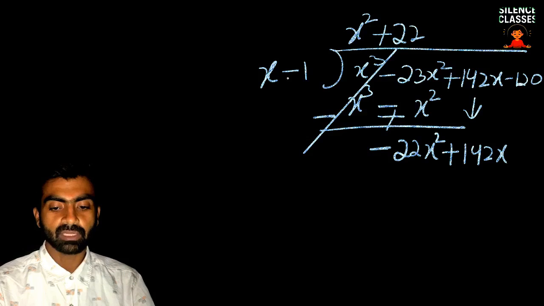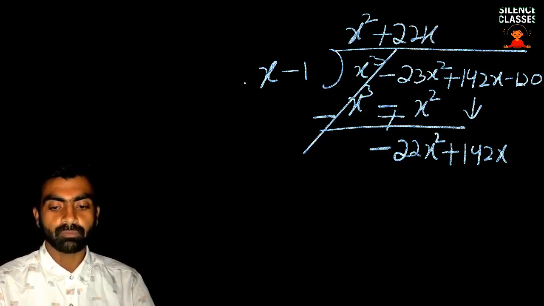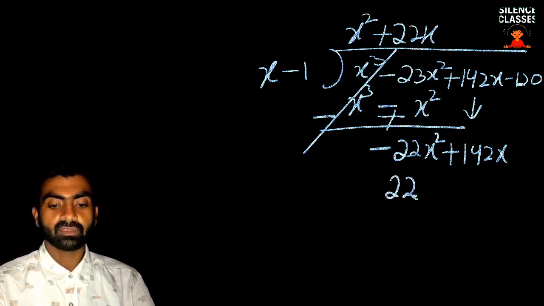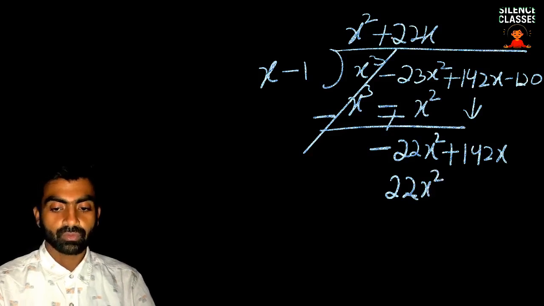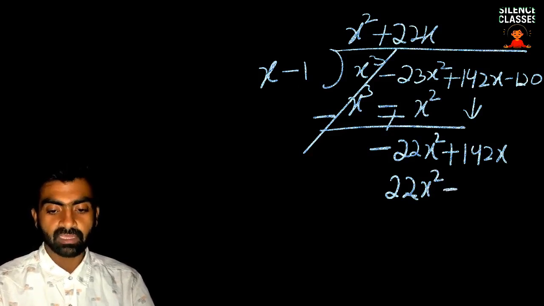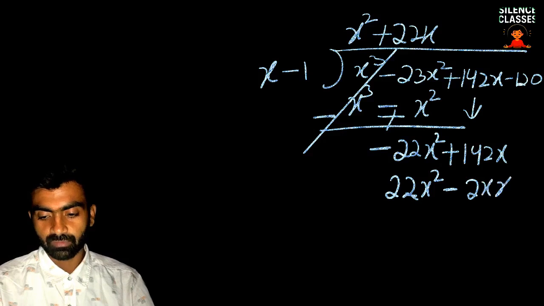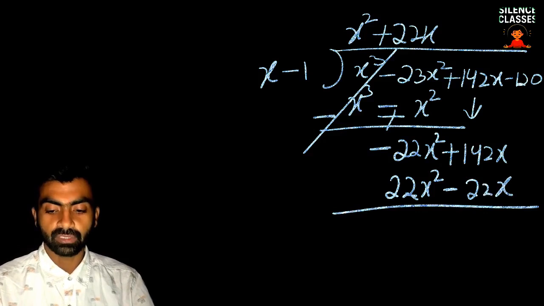So 22 multiplied by x, we will get 22x square. x multiplied by x will become x square. 22x multiplied by 1, minus sign, plus minus will become minus 22x will come over here. I hope you guys understood how we are doing it. We don't have to change the sign because already plus minus sign is there.